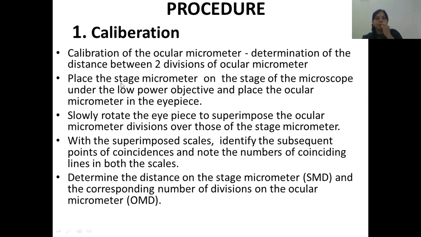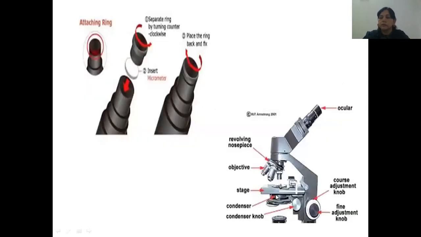First, you have to place the stage micrometer on the stage of the microscope under the low power objective. In the same way, you place the ocular micrometer in the eyepiece, like how I have shown you. Once you place the stage micrometer on the stage, adjust the coarse and fine adjustment knobs so that you can see the scale very clearly through the eyepiece.